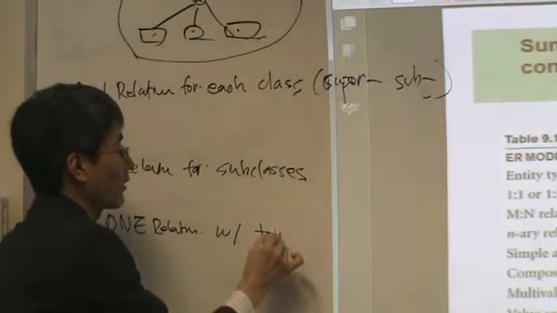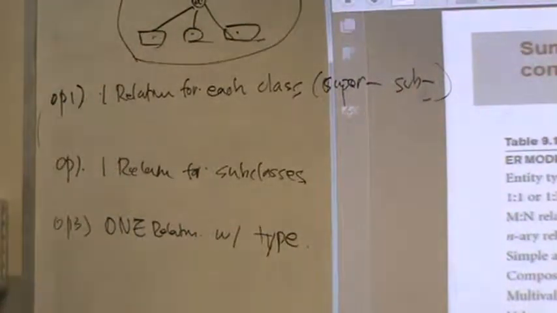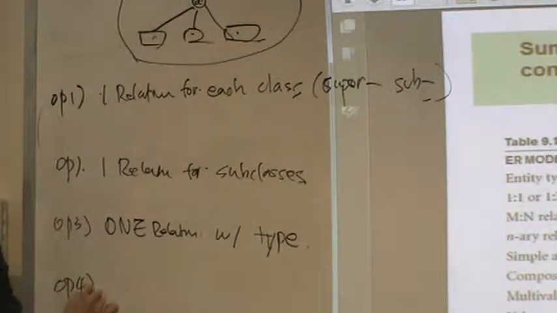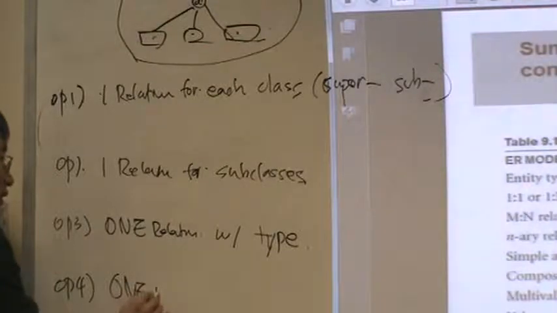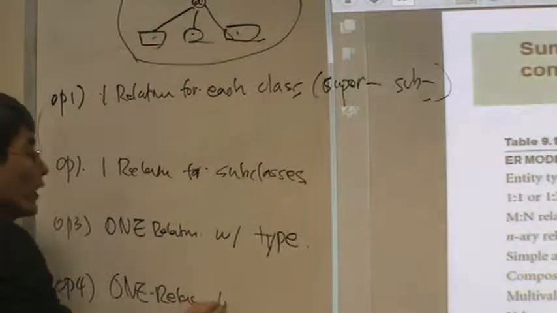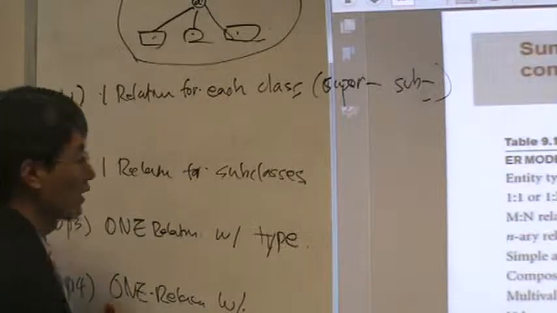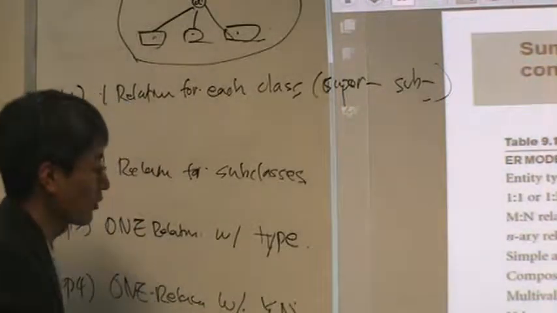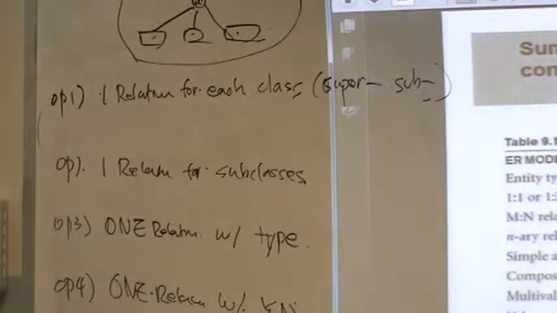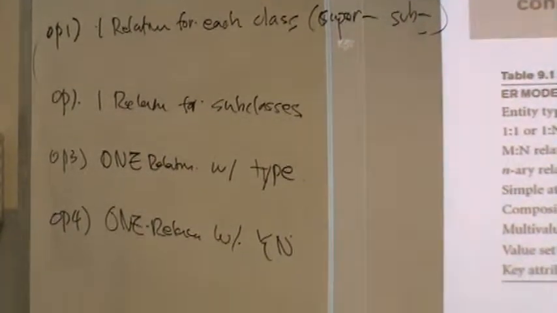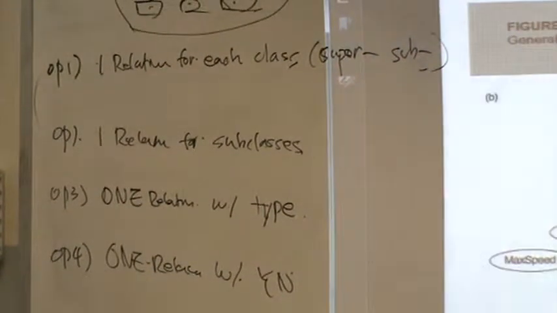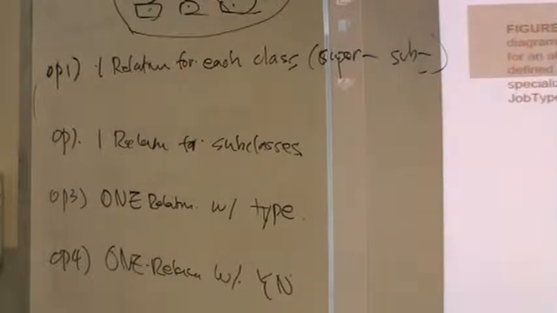I will explain that type. The last option is only one relation with yes or no flags. What does that mean? With the example, I will explain. So for the example, let's use this one.